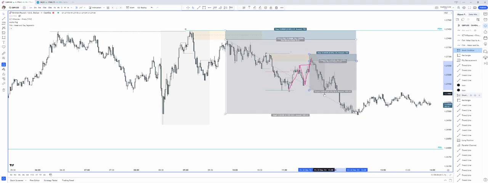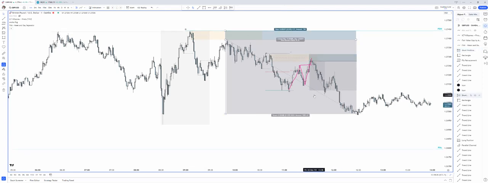This one closed here. Why closed here? Because after taking out the liquidity, I was expecting another pullback, and if this pullback goes to at least 50%, I just don't wanna give back 50% of my profit.